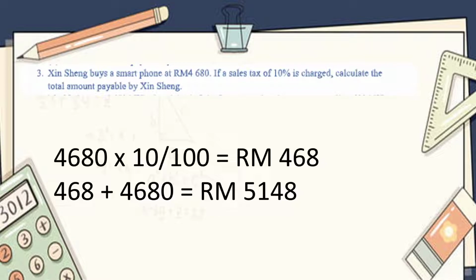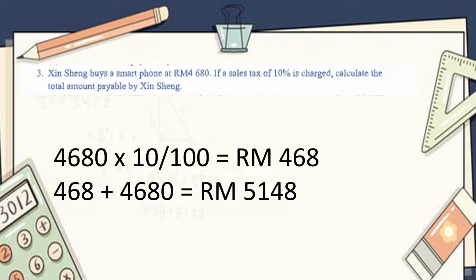So third question, Xing buys a smartphone at 4,680 ringgit. If a sales tax of 10% is charged, calculate the total amount payable by Xing. Firstly, we would have to calculate the 10% charge tax on 4,680 ringgit, which is 468 ringgit.